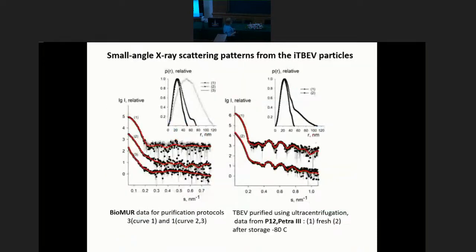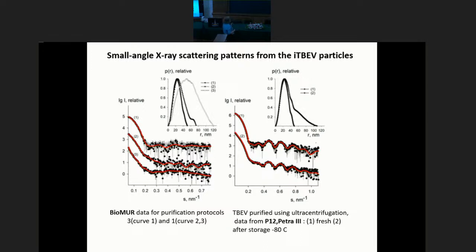We decided to additionally use small angle scattering, because this method allows you not only to detect your particle size distributions, but also to find the shape of particles and do some statistics. So you will know how many aggregates you have in solution, if any.